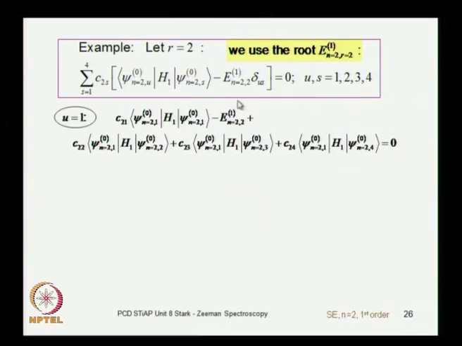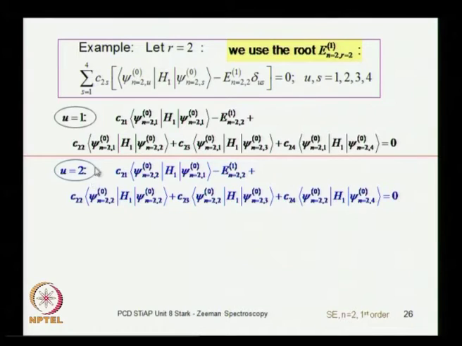All we have done over here is to put r equal to 2 and u equal to 1 in this, and then there are 4 terms coming in from here, and this is the 5th term. Okay. But this term has a Kronecker delta, delta us, so it will give you a non-zero contribution only when u is equal to s.